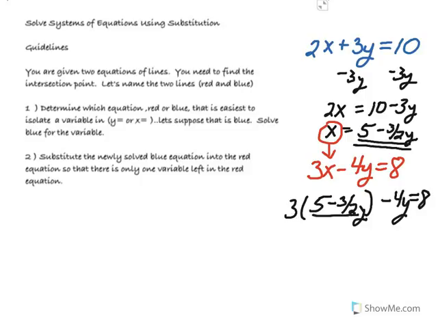So we substituted the x value from the blue equation into the x value of the red equation and eliminated the x variable. Please pause the video and copy this into your notes.